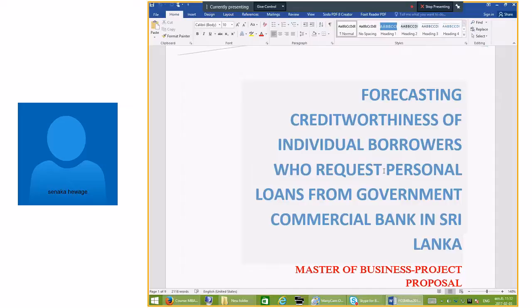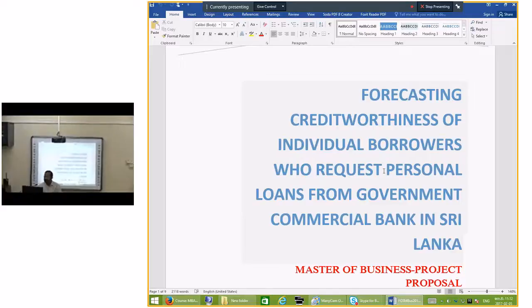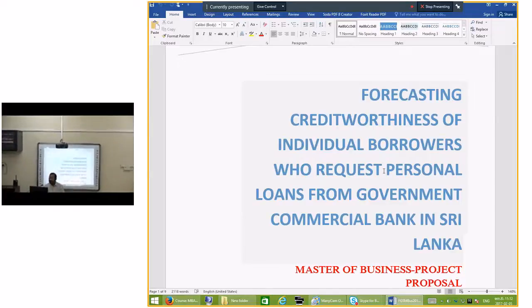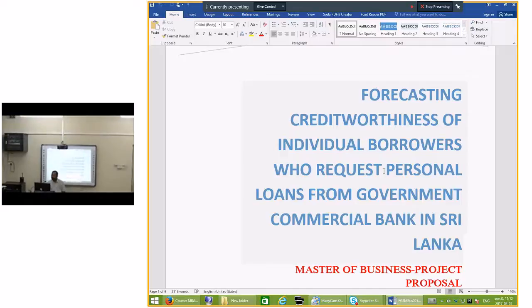Okay, sir. Actually, I want to evaluate the credit scoring model used by the banks to evaluate the personal loans. That ultimately should be the objective. Creditworthiness of borrowers. Yes, sir.